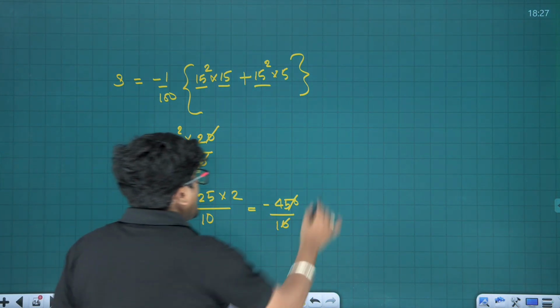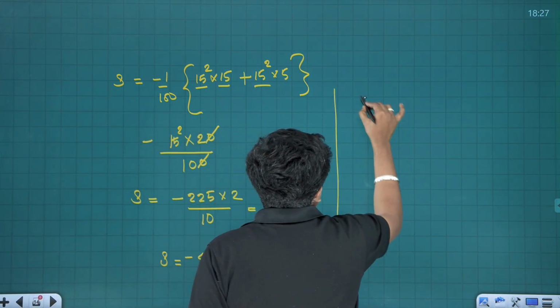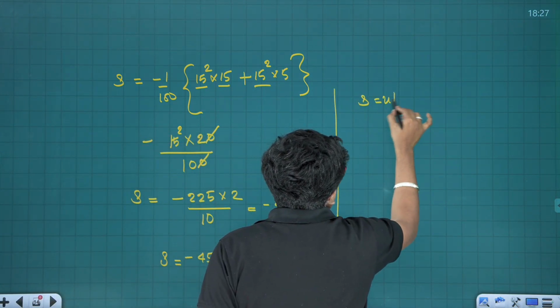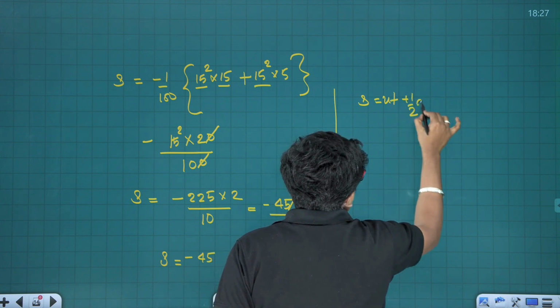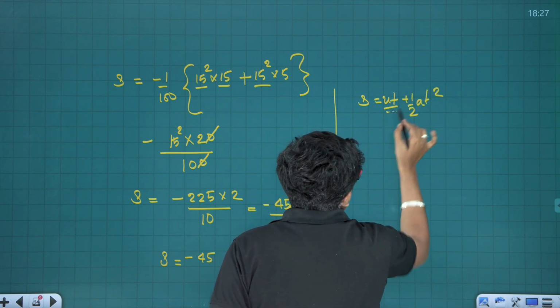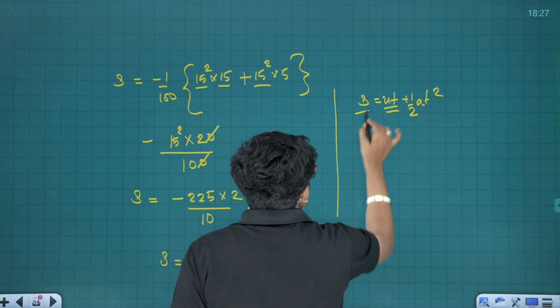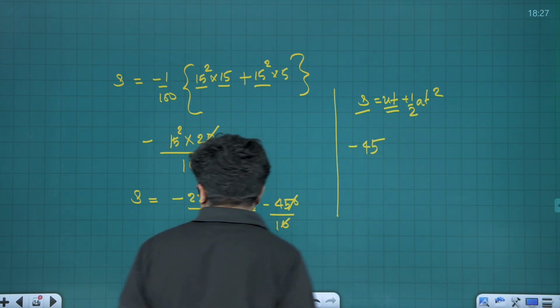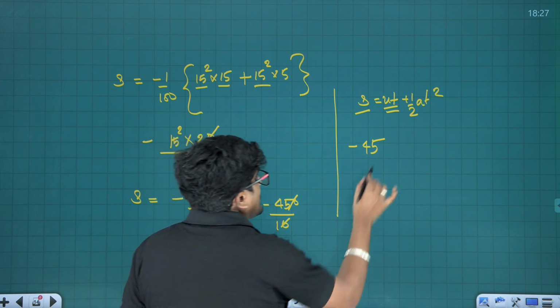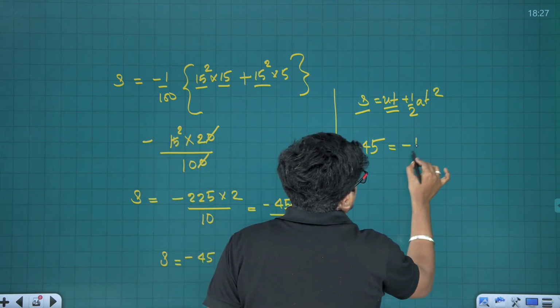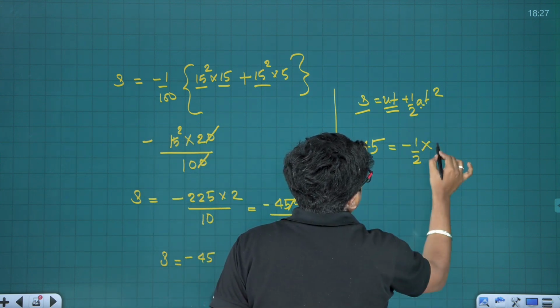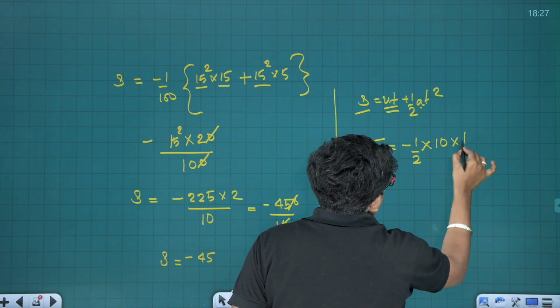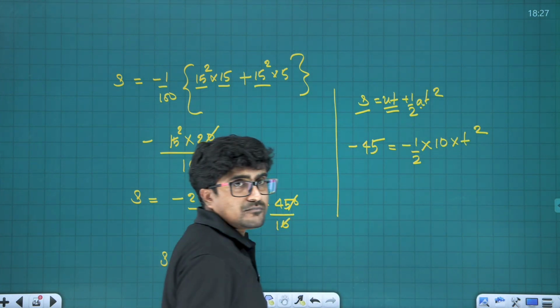For the one which is getting dropped, S is equal to ut plus half a t square. This value is going to be 0. Now we got the value of S as minus of 45. That is equal to minus of 1 by 2 into acceleration due to gravity, I am taking it as 10, into t square.